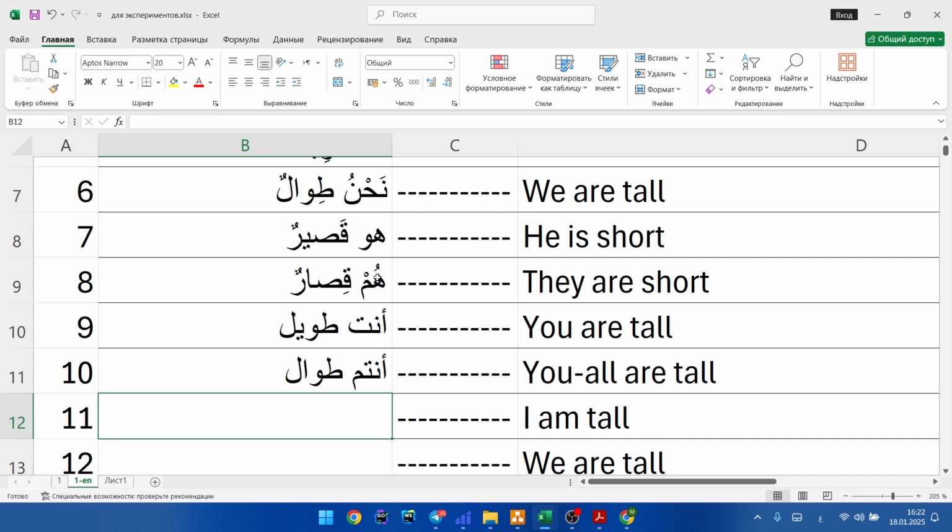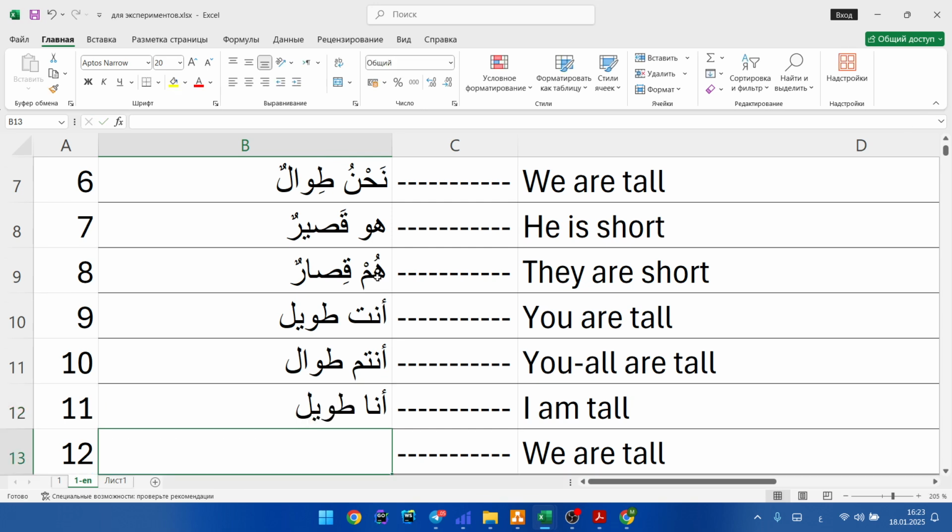Okay, I am tall. How to say I am tall? Pause it and try to say. أنا طويل. How to say we are tall? نحن طوال.